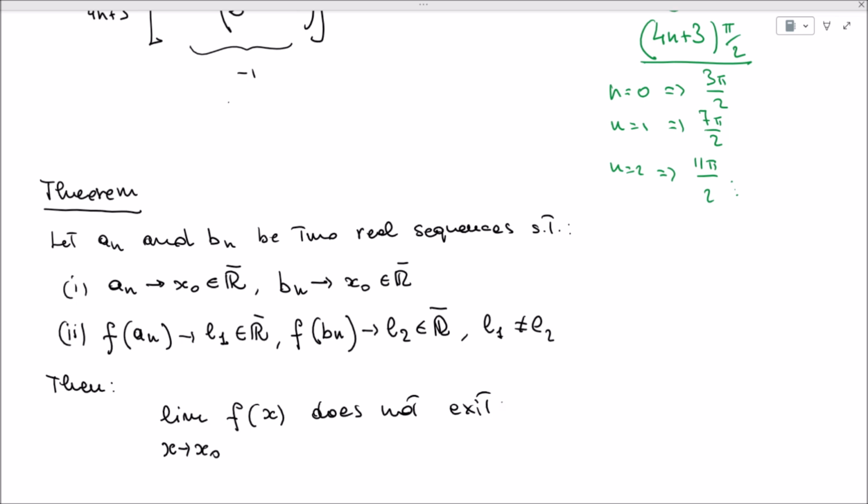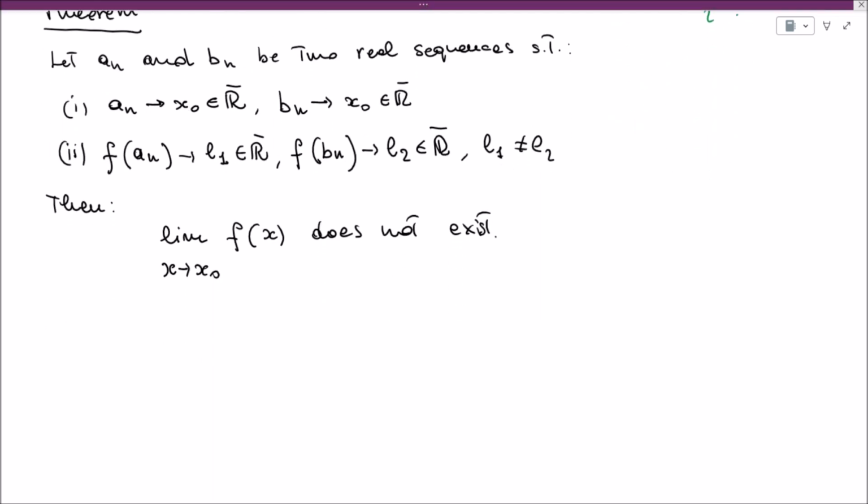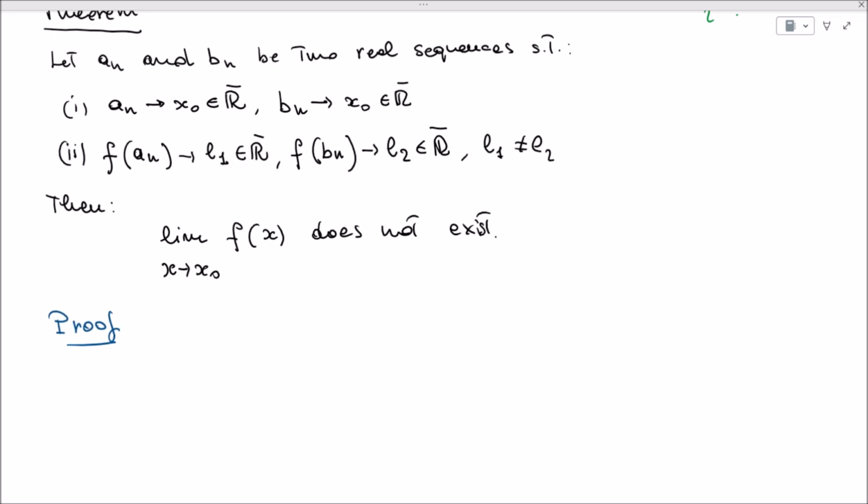And the proof of this is quite straightforward, and it is a proof by contradiction. So let's give the proof. Let's assume that the limit of f of x as x goes to x0 is equal to some L in the extended real line.